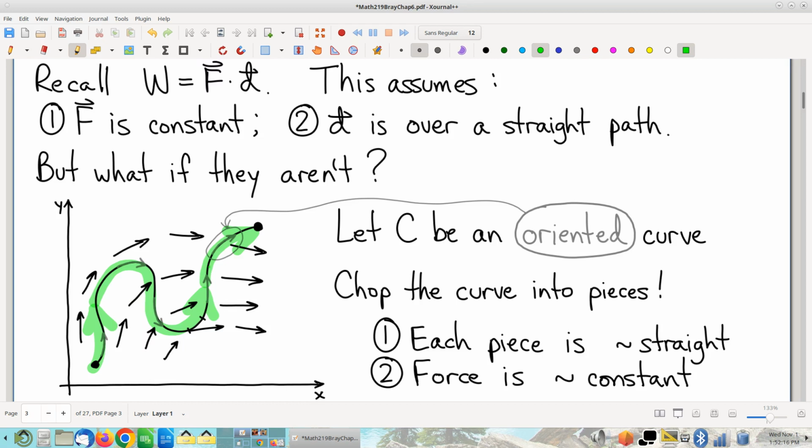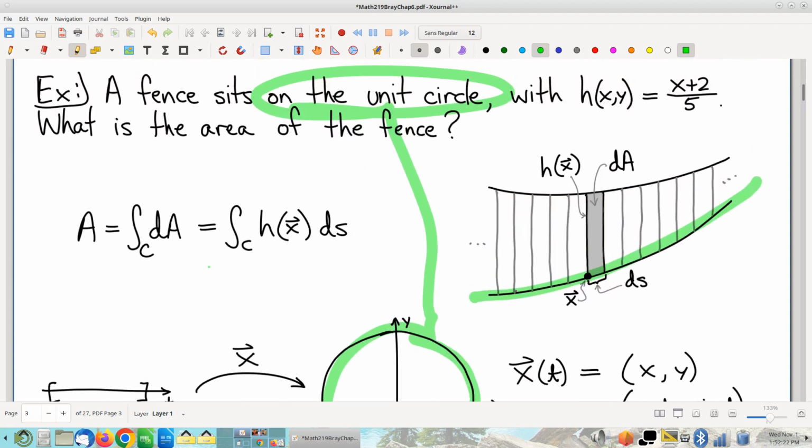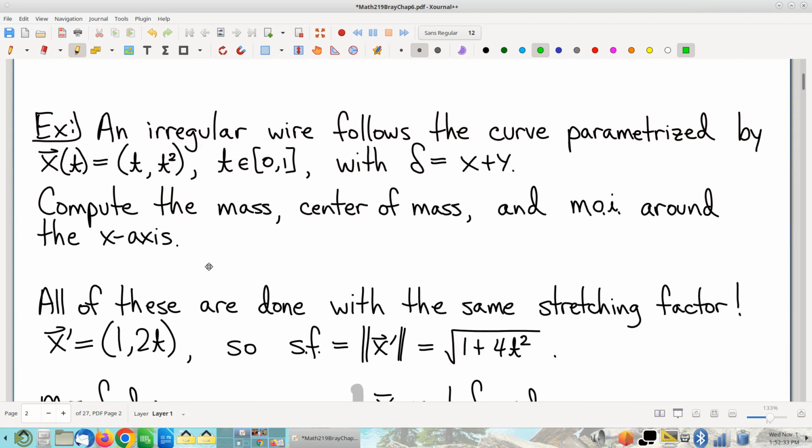None of our previous examples have this feature that the direction matters. Just for fun, when you paint a fence, does it use more paint if you go one way versus the other way? No, of course not. That is ridiculous. If you're interested in the mass of some weird shaped irregular wire, does the mass add up differently depending on which order you add up the little pieces? No, of course not.